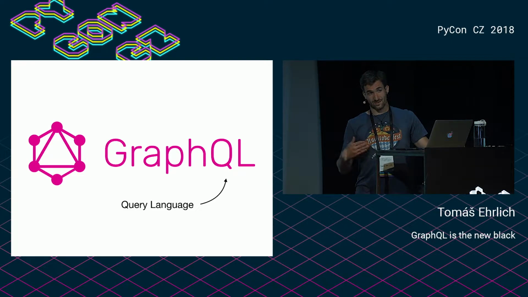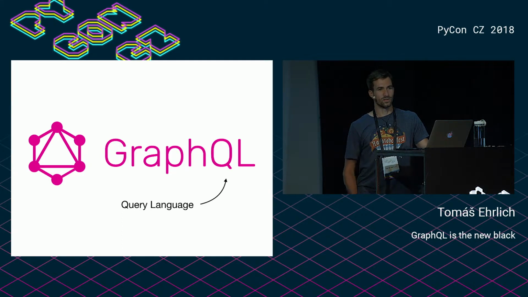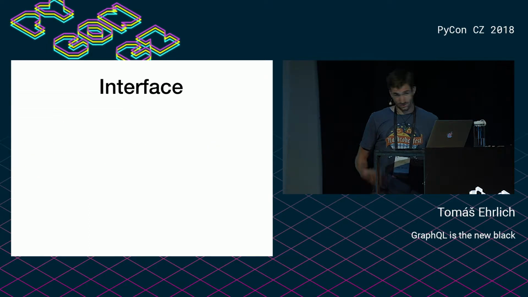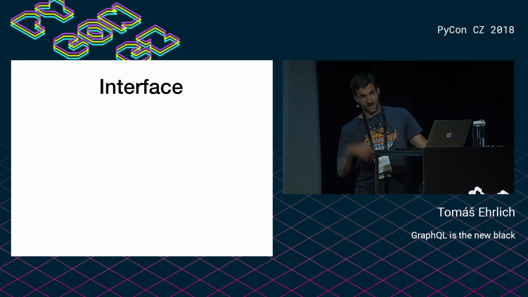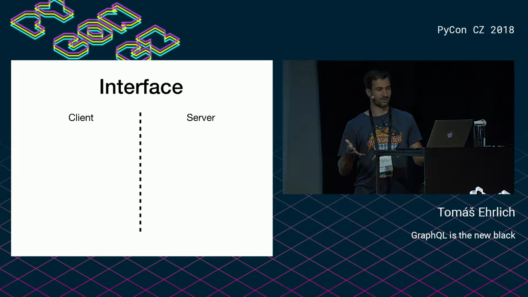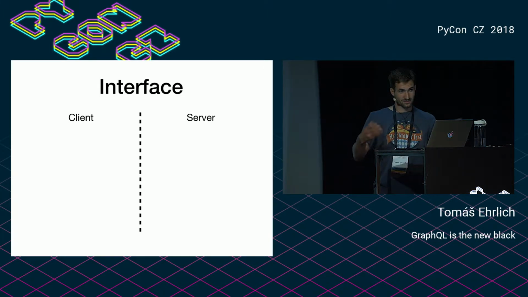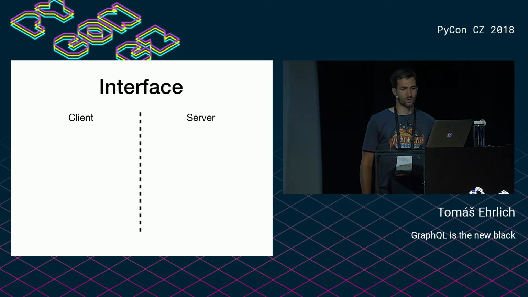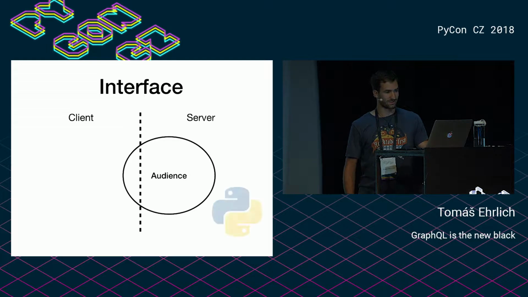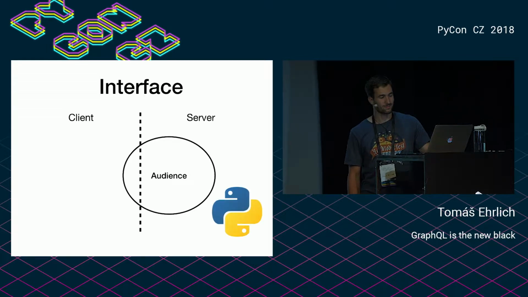Because it's an API, if we want to understand the advantages, we need to understand both parties involved. So just the basics, in API, the I stands for interface, which is usually an interface between a client and a server. And I guess in this audience, we are more familiar with the server side than the client side, because after all, that's where the Python is.